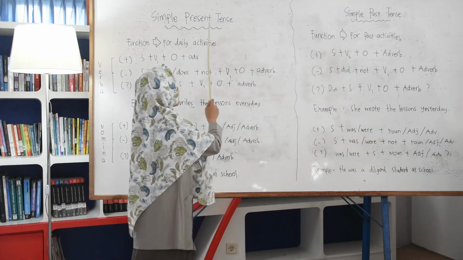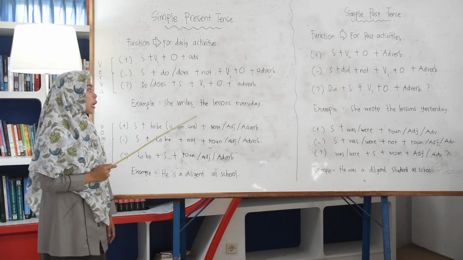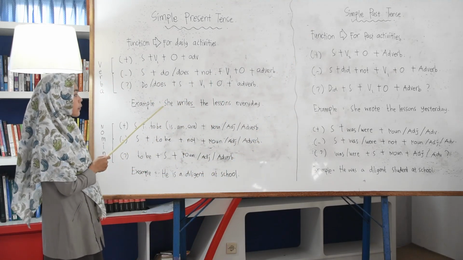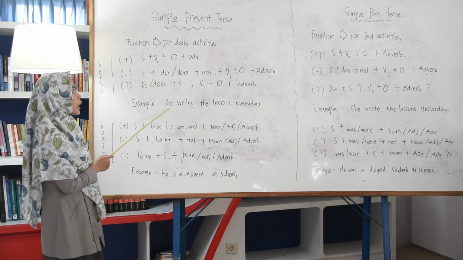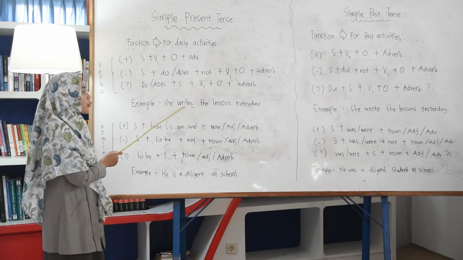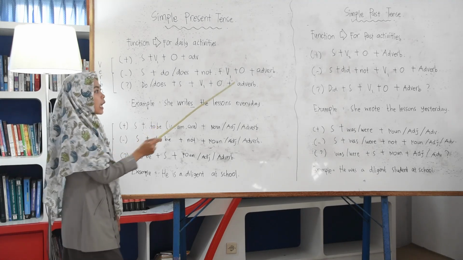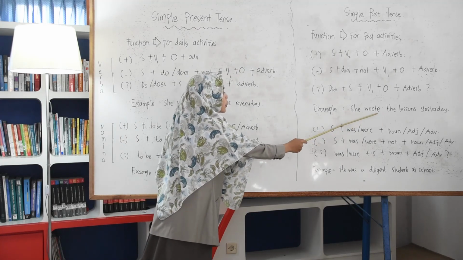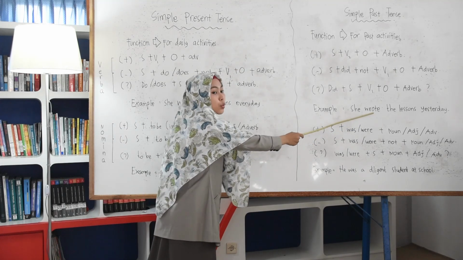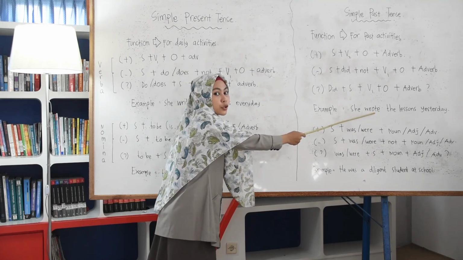So, from the present and past tense, you can differentiate between the example sentences. Here, in the simple present, you can use writes. Here is verb 1. And in the past tense, you can write wrote here because this is verb 2.